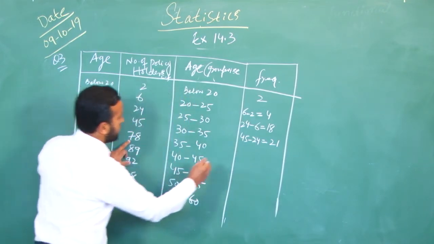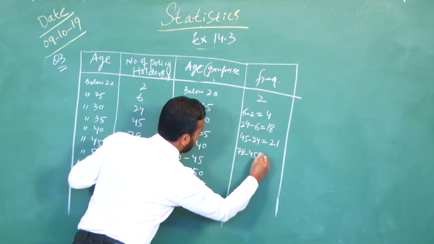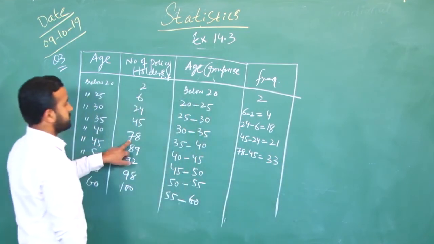Similarly, it is 78 minus 45, that is 33.